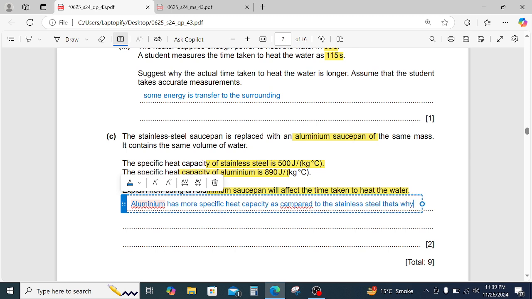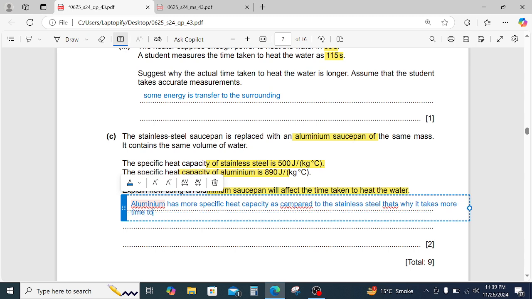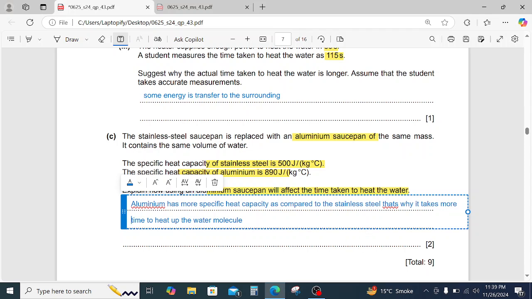That's why it takes more time to heat up the water. By writing these two sentences you will get 1 mark easily.